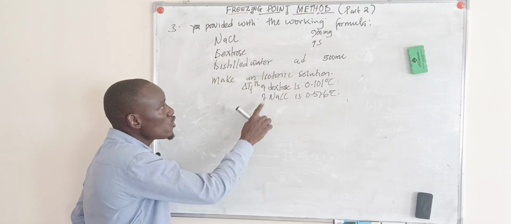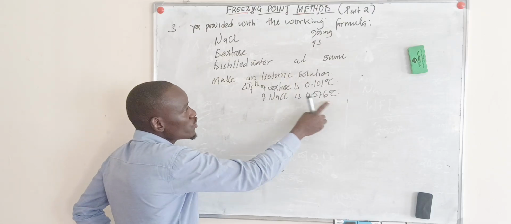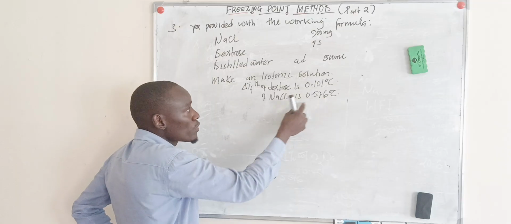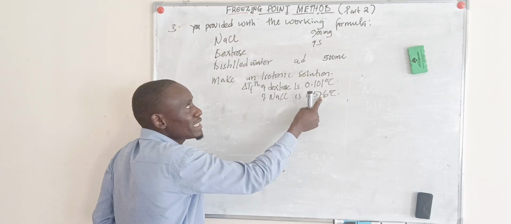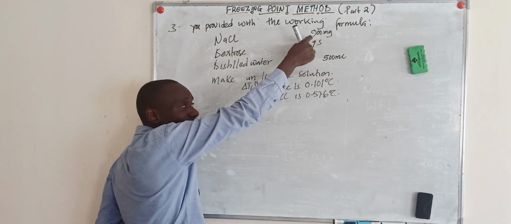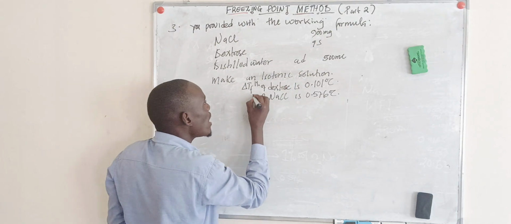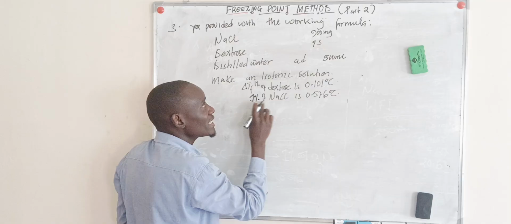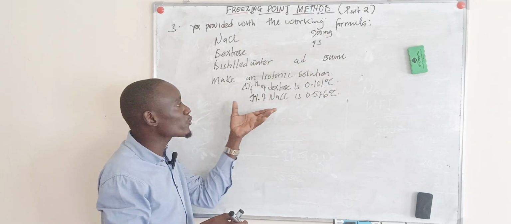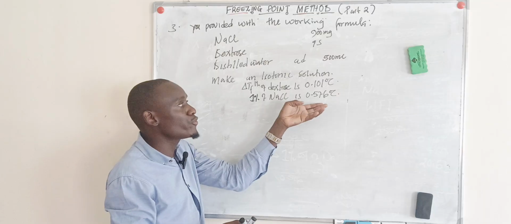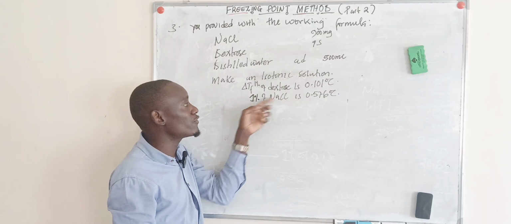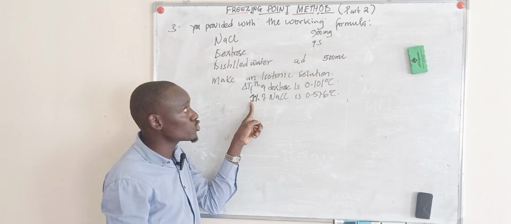Remember, we already know the freezing point depression of a 1% solution of sodium chloride. So, since 1% will produce this, how much will ours produce? That means, since we are saying 1%, we have to convert this mass into a percentage such that we can create a relationship between the freezing point depression of sodium chloride for a 1% solution.